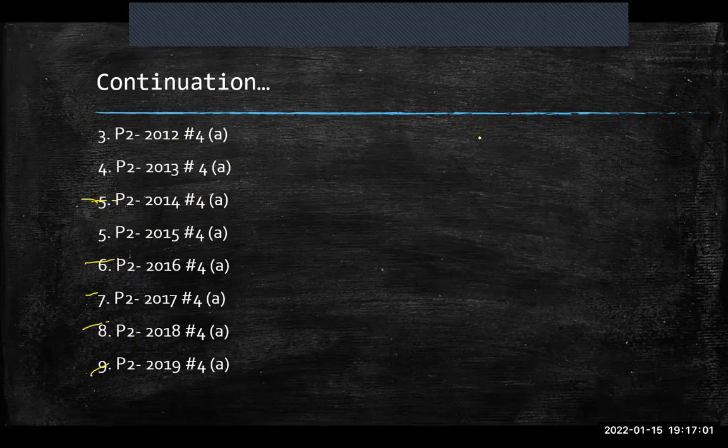I don't mean the exact values or the exact question, but finding the area of the shaded region just repeats. You just have to follow the same method with different values. That's why I did 2013.